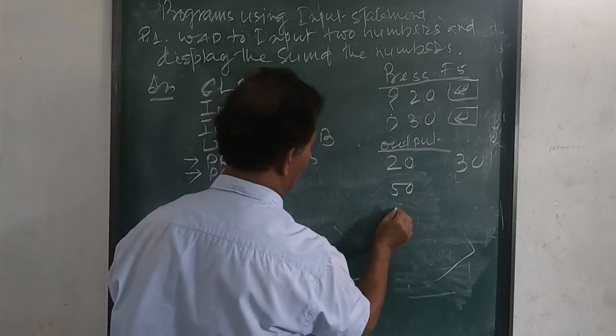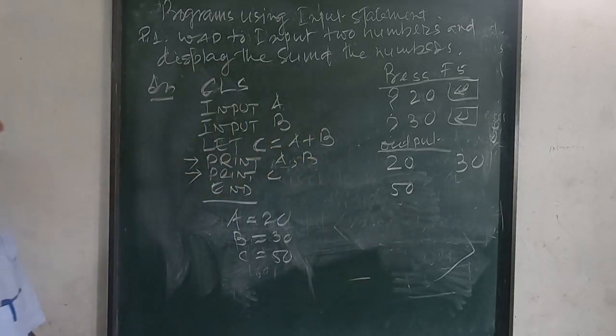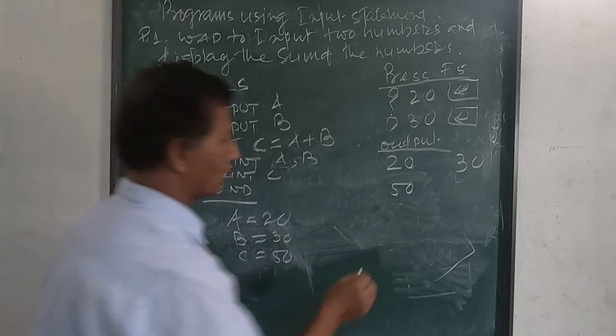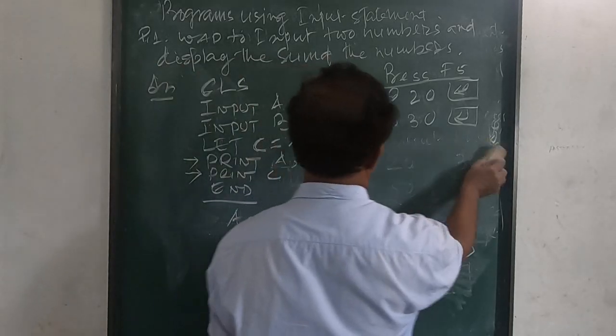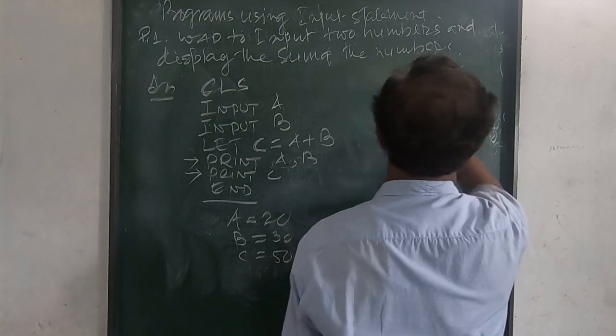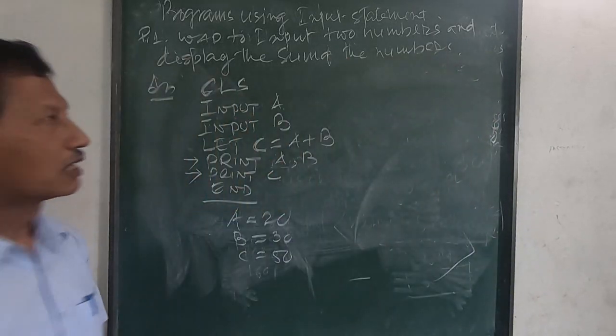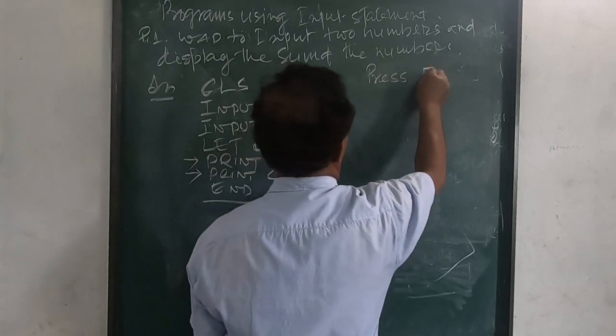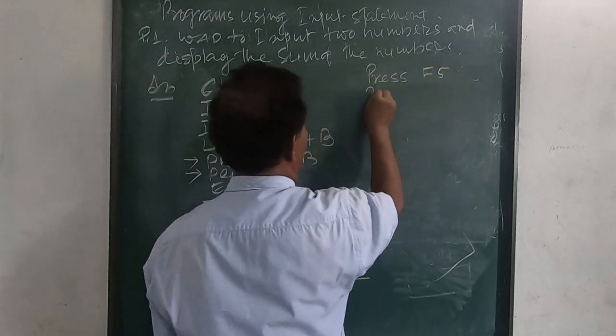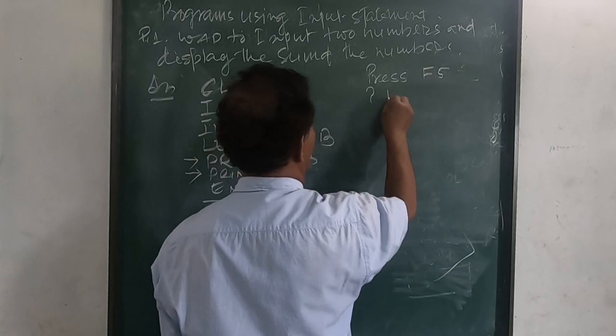Next line. Here you see, next time again you run the program. Let's see what will happen. Next time you run, press F5, the question mark comes. This time you write 100.